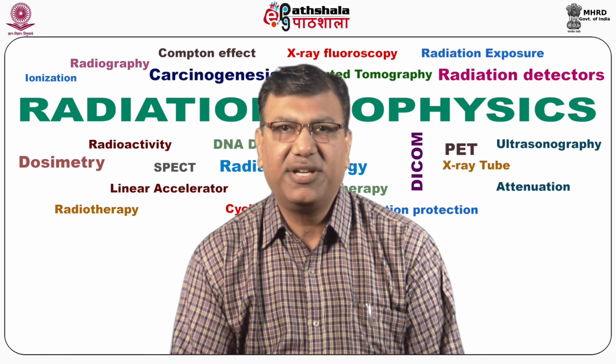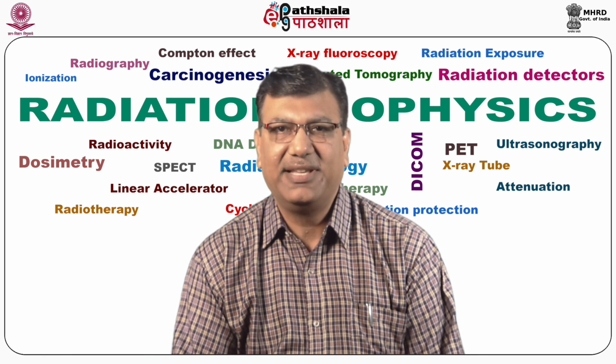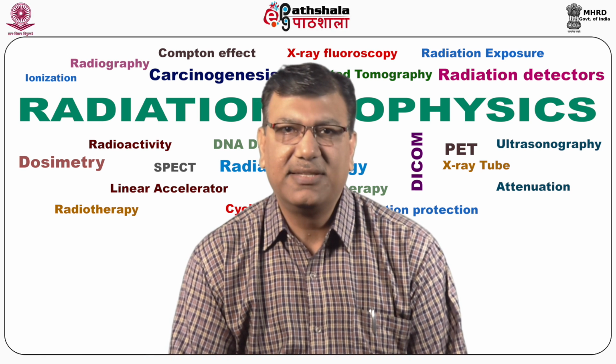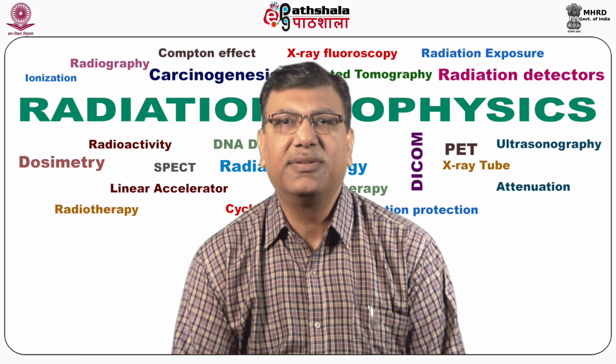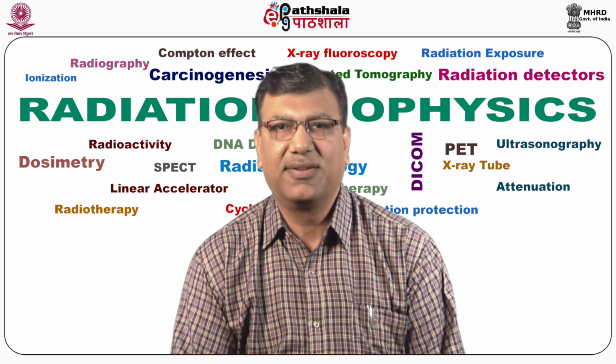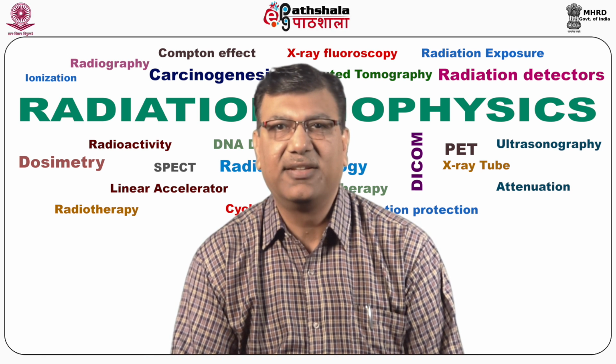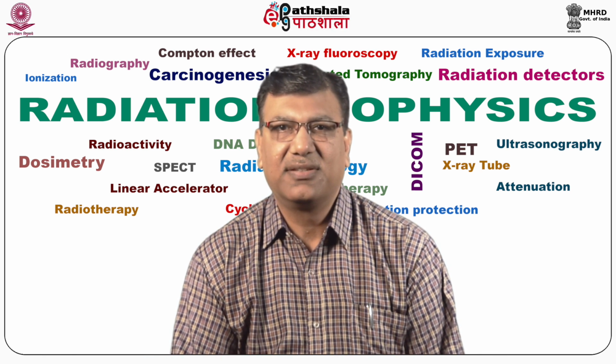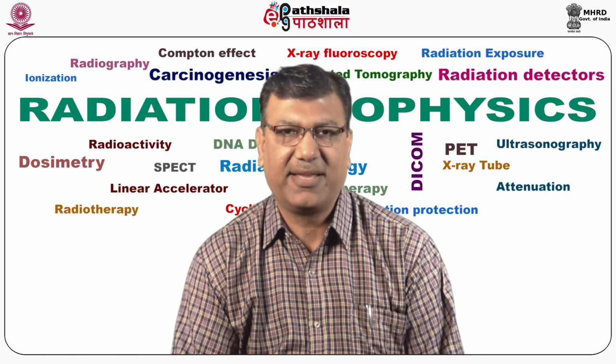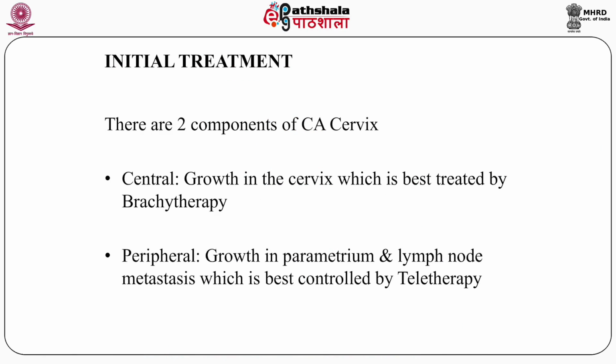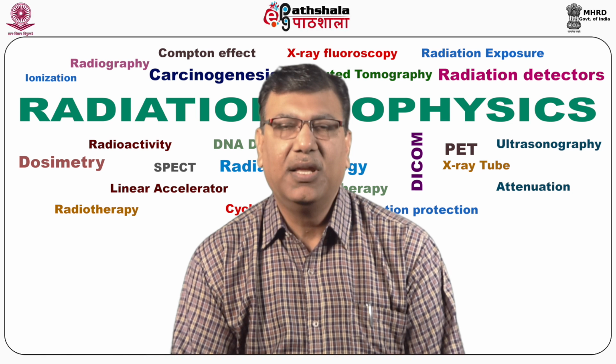So the initial treatment of carcinoma cervix has two components. One is central growth, when growth is confined to the cervix, which is best treated by brachytherapy. And the second is the advanced stage, that is the peripheral part, growth in parametrium and lymph node metastasis, which is best controlled by teletherapy.